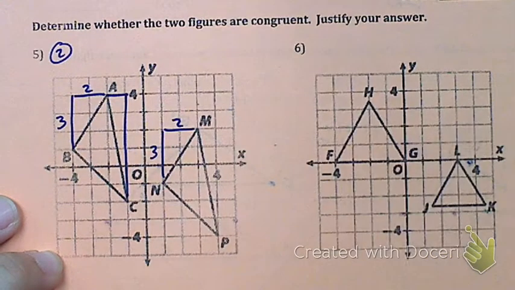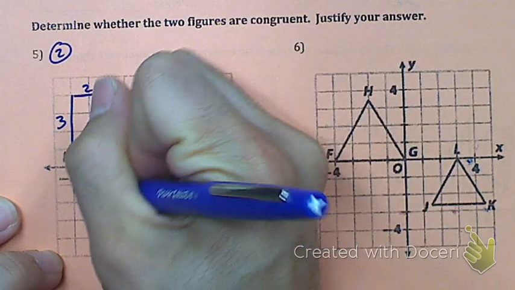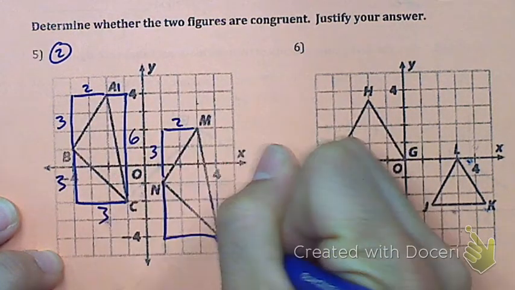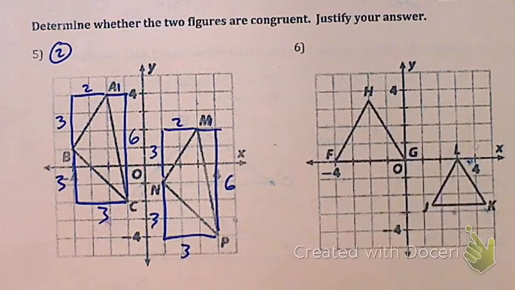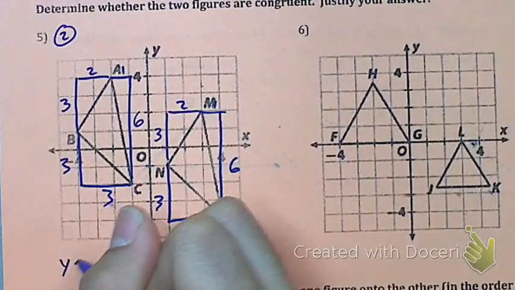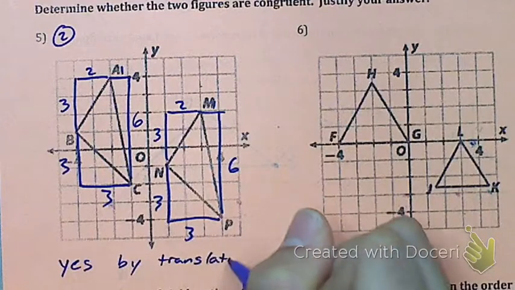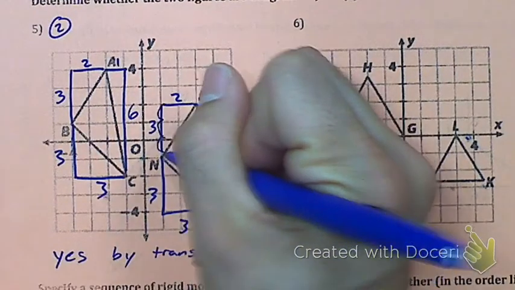How many was that up? 6 and 1. 3 and 3. After showing me that, yes, by translation. That's enough for me. But you must show me these numbers, not just the loops. Loops aren't enough. Show me numbers.